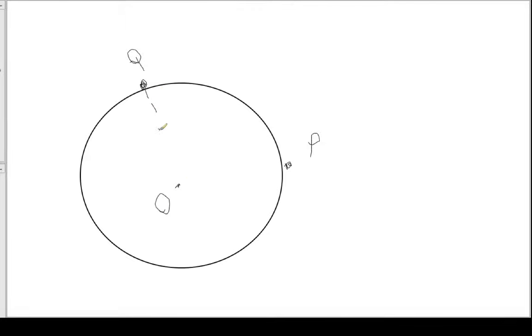Let's work out the gravitational potential energy of these guys. To do that, I need to take a relative origin, a relative zero for my GPE. So I'm just going to do that through the center of the circle. I'm just going to say that the gravitational potential energy is 0 here.